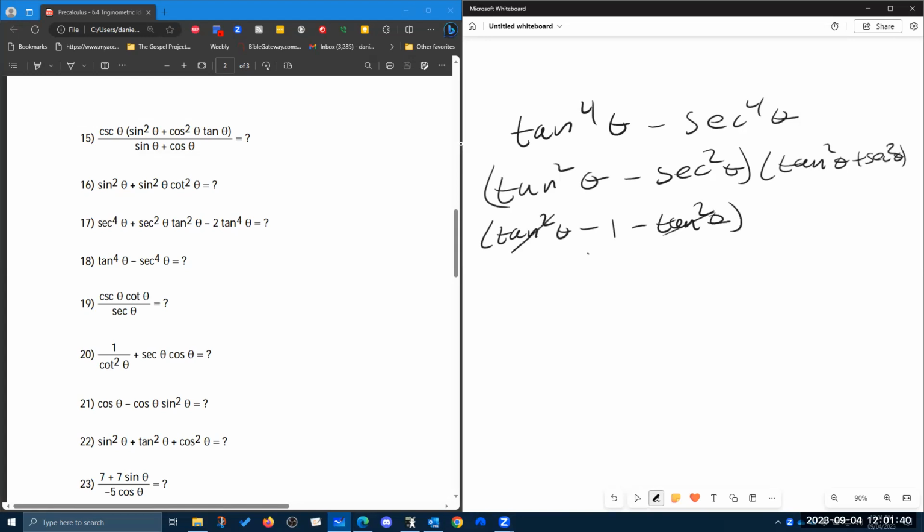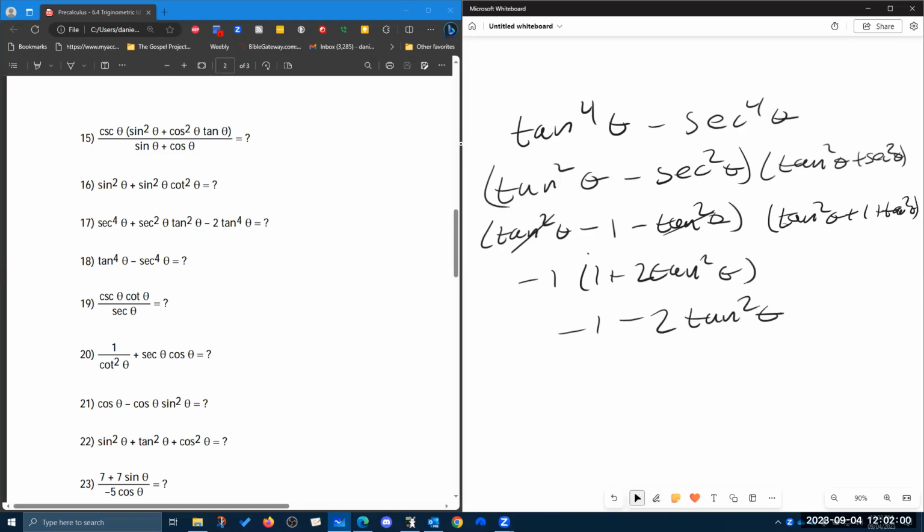So we get a -1 here, and tan squared plus 1 plus tan squared is going to give me a -1 times 1 plus 2 tan squared, which is -1 minus 2 tan squared.